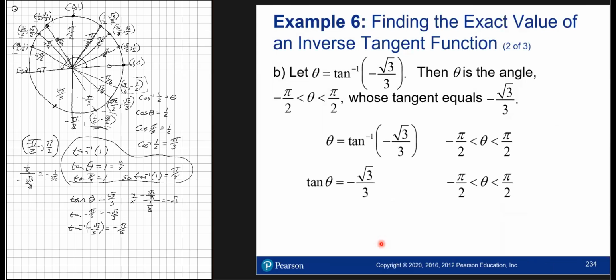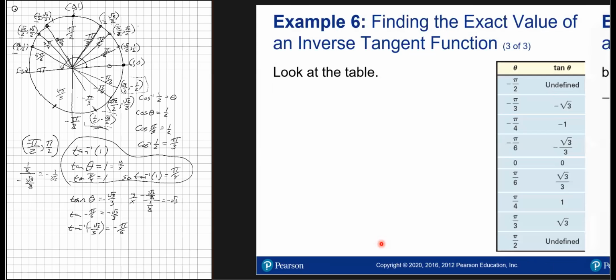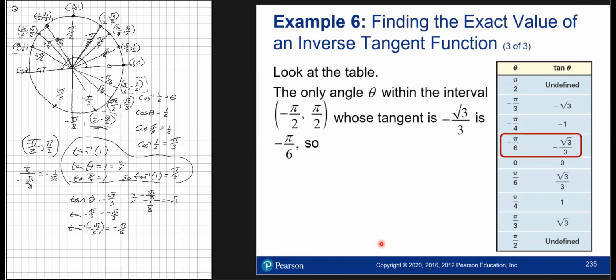And so, well, here they create the table. And so in that, from negative pi over 2 to pi over 2, there's only one theta that will give us a negative square root of 3 over 3, and that's a negative pi over 6.